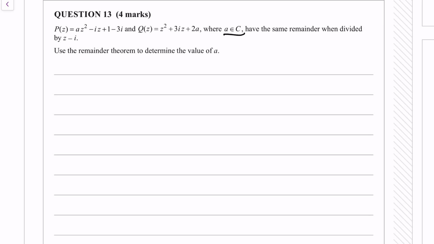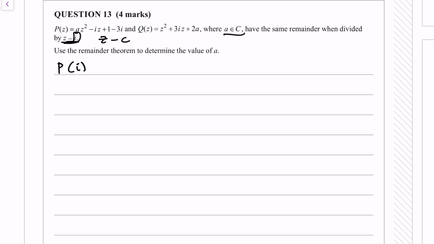Now we know that when we divide by a complex number such as z minus i, we can find the remainder by substituting that value into the polynomial, in terms of z minus, let's say, c.